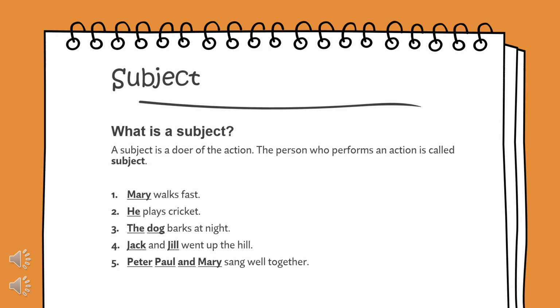Peter, Paul, and Mary, plural subject again. So subject can be singular or plural. You must keep in mind that the subject is a person who performs the action. The verb directly links to the subject.